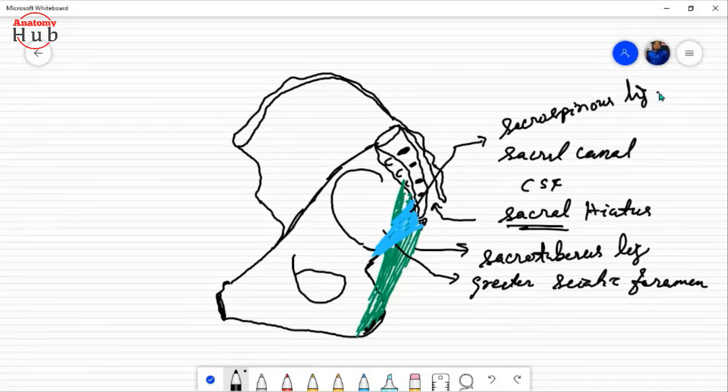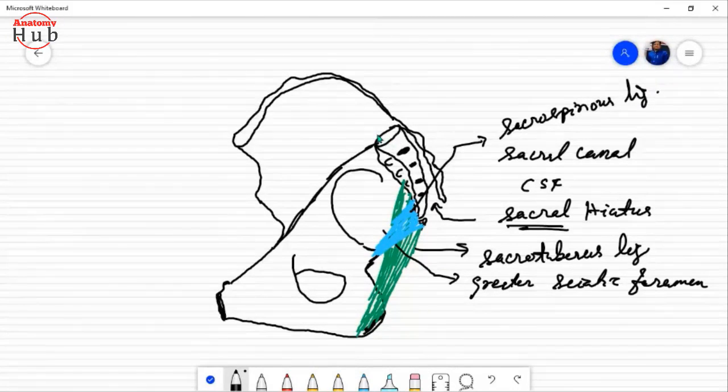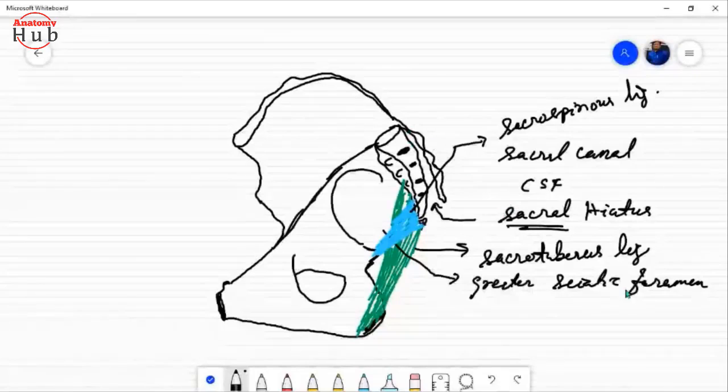ligament. The sacrospinous ligament plays a very important role to stabilize the pelvis, because whenever the compression force or the shearing force is applied to the sacrum at L5 and S1, you know this is the area where the maximum load is distributed through the SI joint downward.